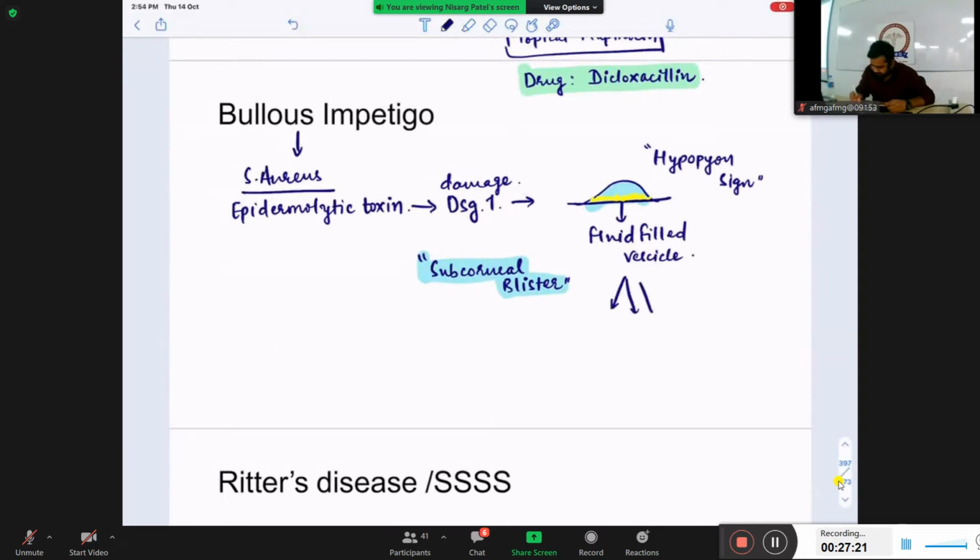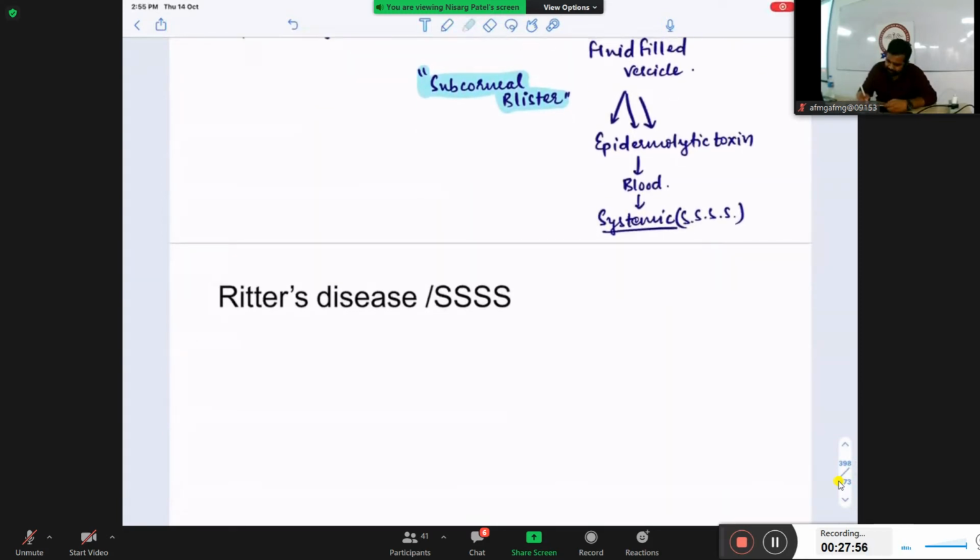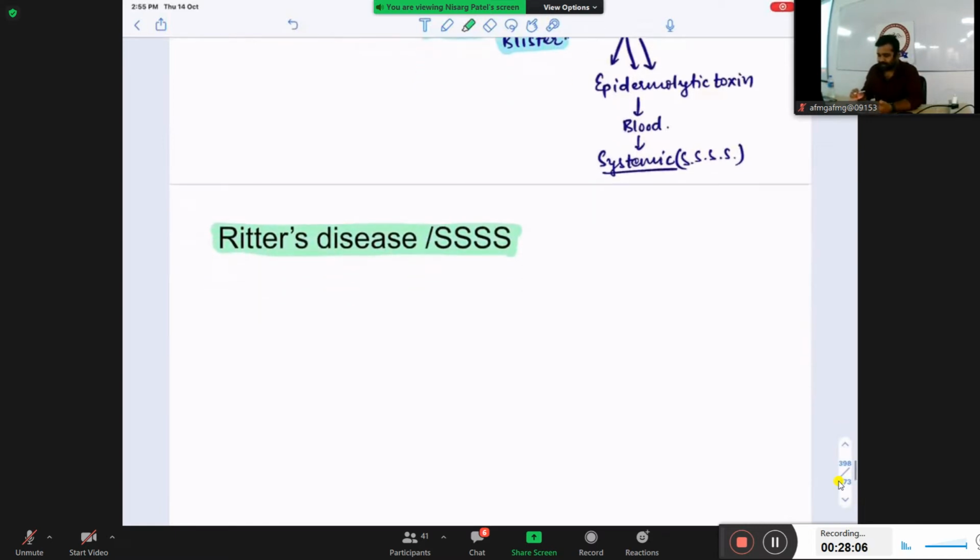If this epidermolytic toxin enters the blood, what will happen? There will be staphylococcal scalded skin syndrome. So the patient will have systemic manifestation, known as Ritter's disease or staphylococcal scalded skin syndrome.